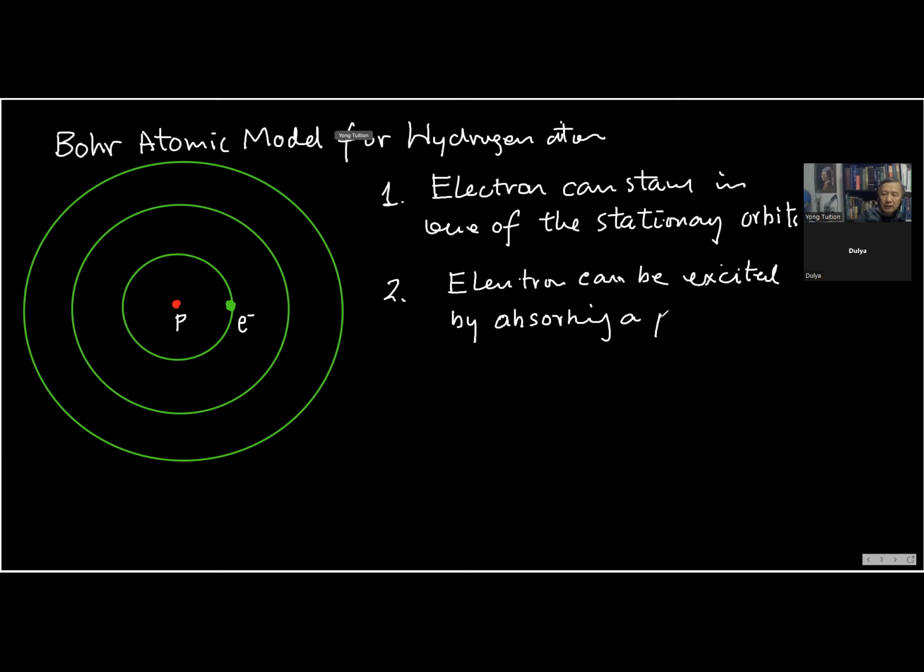You can see the photon. That is a radiation. There is a spectrum. By absorbing a photon, the electron moves to another orbit.